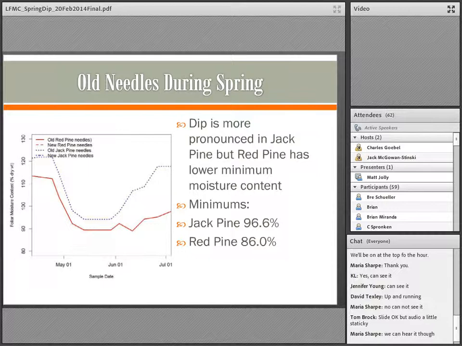This is basically almost a 25% change in the moisture content of jack pine needles during this very narrow period of time. And you can see that this entire time frame only lasts about 2 months.